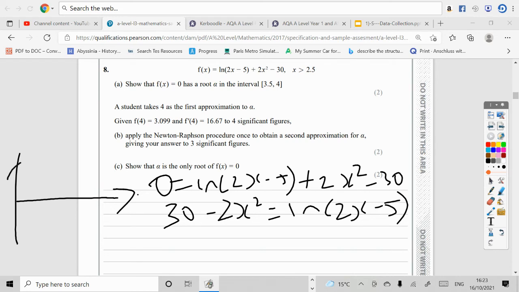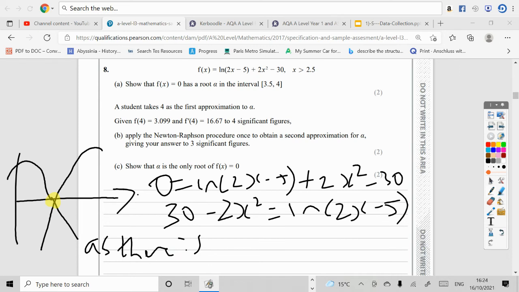We've got a curve coming up, and it will cut through the x-axis, as we know. But then it's got this y equals log of 2x minus 5 coming through, and through there.